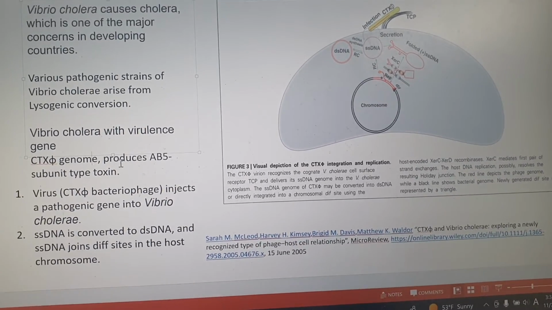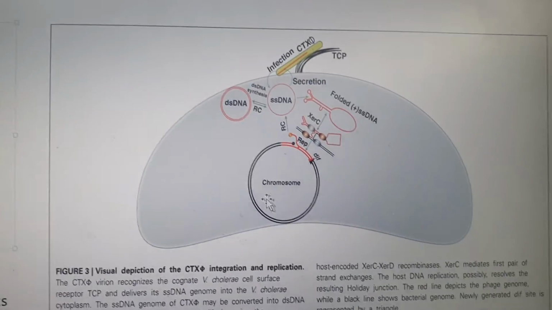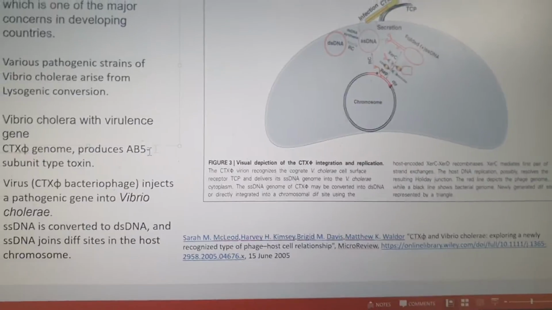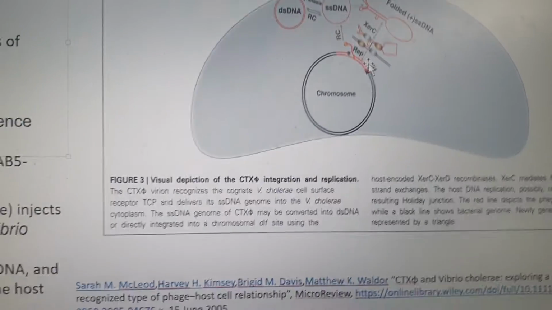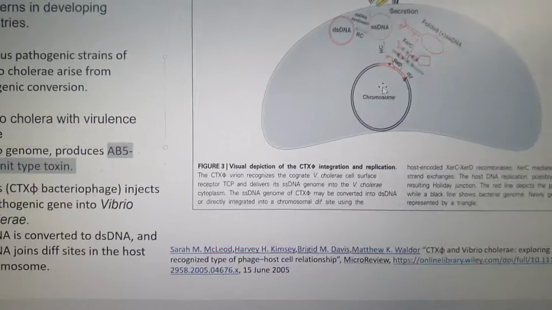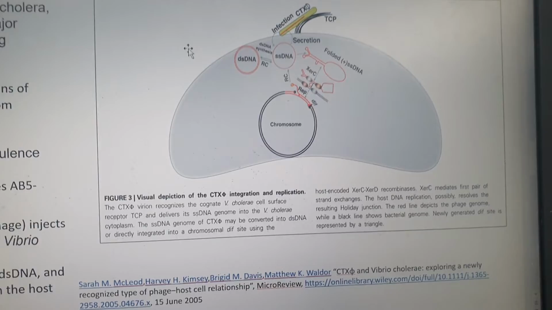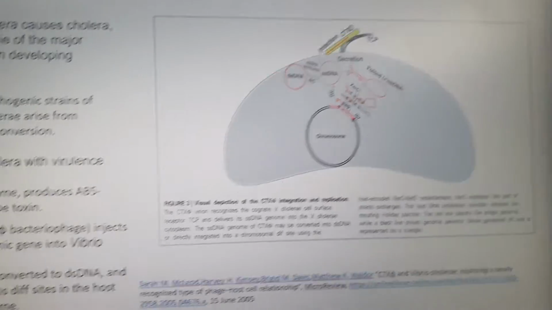lysogenic conversion, and they put their genome into the cholera genome, and those genes are going to express the AB5 subunit type of toxin, which is more pathogenic to humans than regular ones.